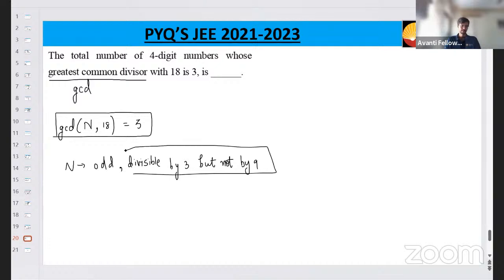This is very important because if the number is divisible by 9, then the greatest common divisor will be 9, not 3.